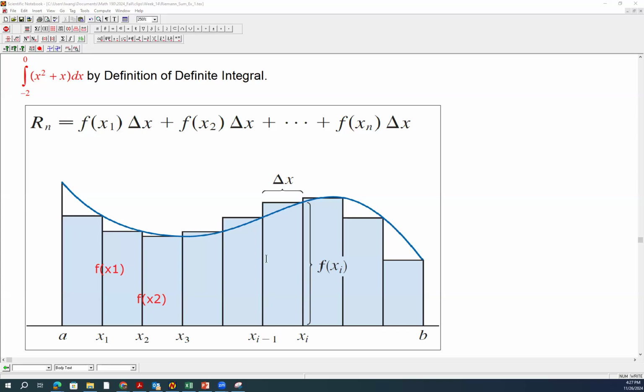Because theory tells us it doesn't matter how we choose our star point, we decided to choose the point that is the easiest for us to handle. So this is how the theoretical results help us construct the Riemann sum.